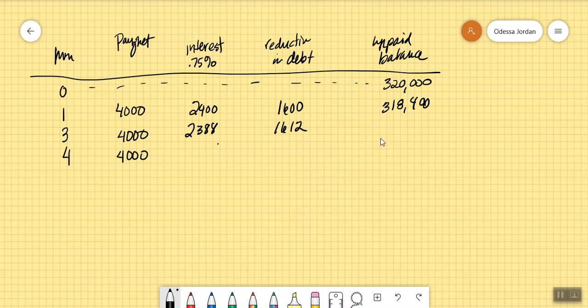That's the amount that's going to your debt, and so the debt that you have left over, still outstanding to be paid another day, is 316,788. And this one's rounded here. So that's what that looks like.